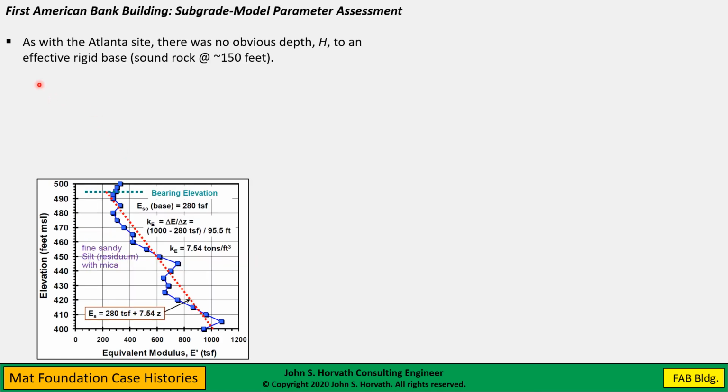But first of all, as with the Atlanta site, with these residual soils, there's no obvious depth to a rigid base. Now in this case, Main reported that the sound rock was about 150 feet, so about 45 meters below the ground surface. So much deeper than in the Atlanta site, where it was 12 to 24 meters, 40 to 80 feet below the ground surface.